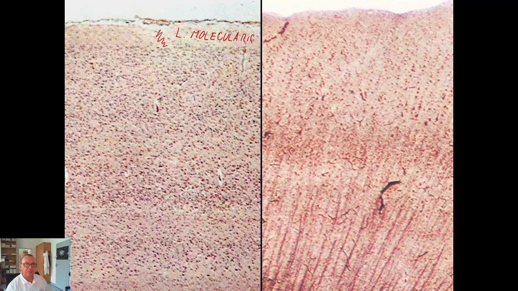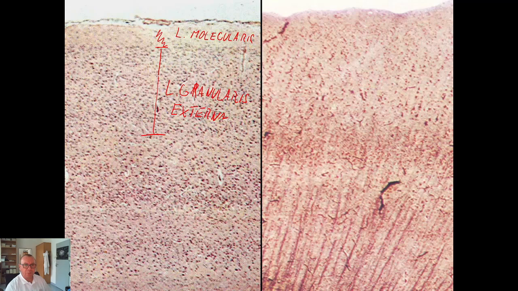Then you can see a layer having more nuclei, many nuclei, from this, let's say, to this point. This layer having many nuclei is the so-called granular layer, lamina granularis, and as we are near the surface, it is lamina granularis externa.